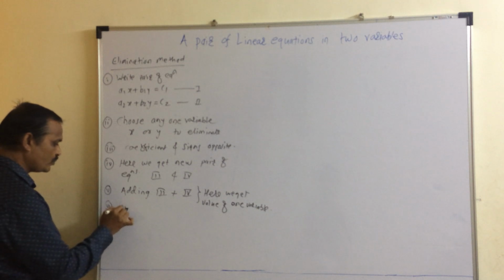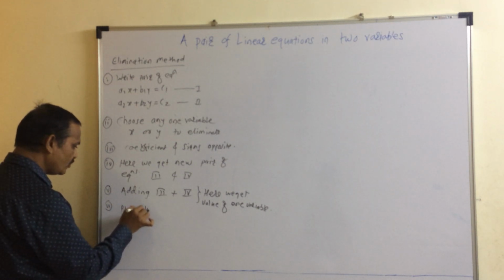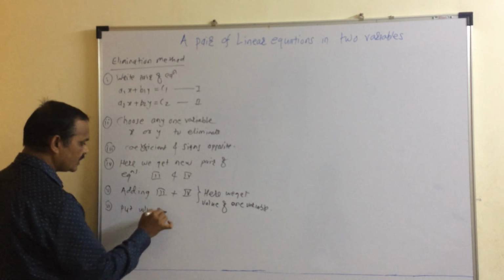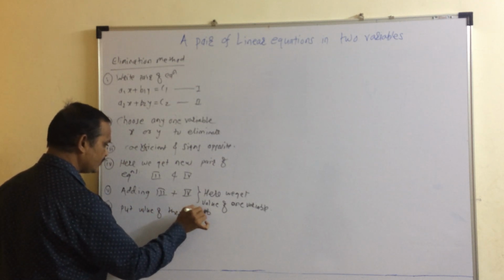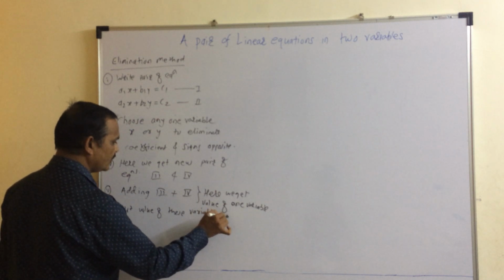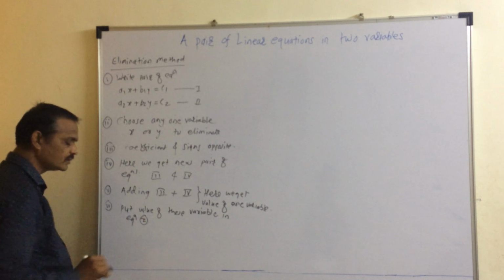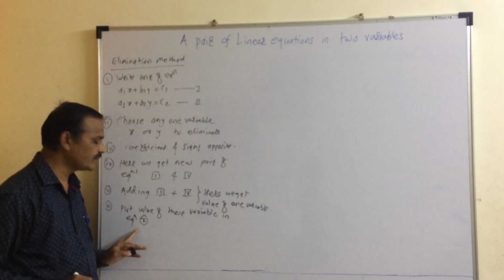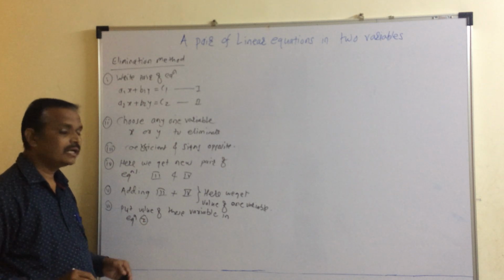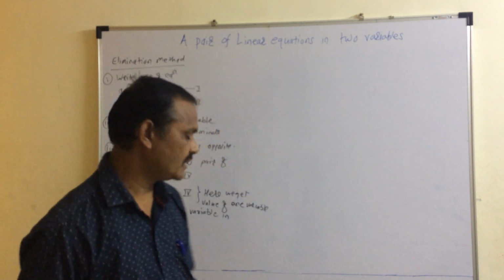Now next step, put this value of the variable in equation first. After putting the value of this variable in equation first, we get the value of the other variable.